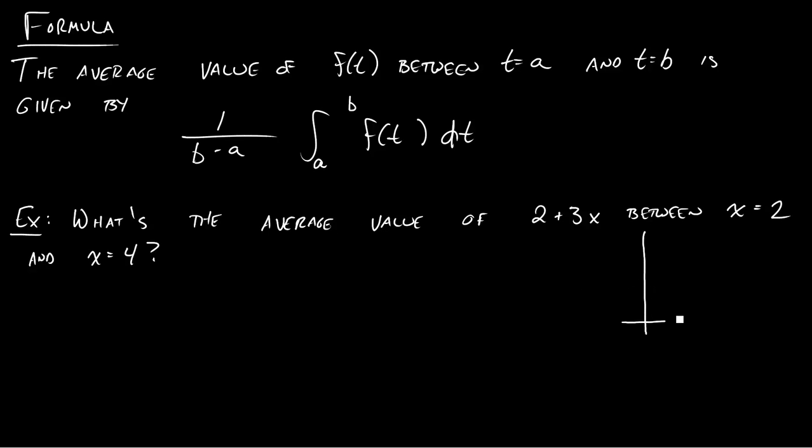But what we're getting is 2 plus 3x. It looks something like this. And they're saying, what's the average value between 2 and 4? Right? Some people might like to think about this as you've filled up a pool, and this is a really weird pool, and you've put a top on it, and we're trying to find the value that it would even out to if we released this top, right?